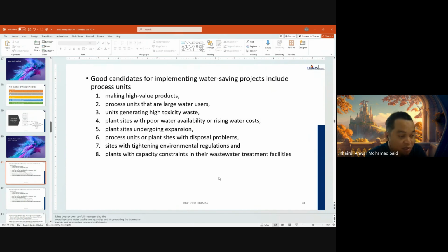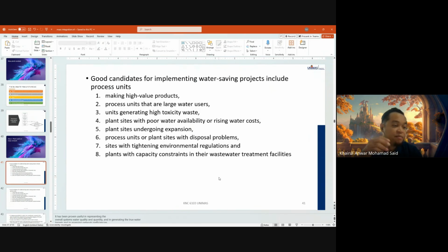So the plant audit involves inspecting the physical plant piping, meaning you go through the PFD and the PNID to construct the complete and rigorous water mass balance across the entire industrial site. PFD is the process flow diagram, PNID is the piping and instrumentation diagram.